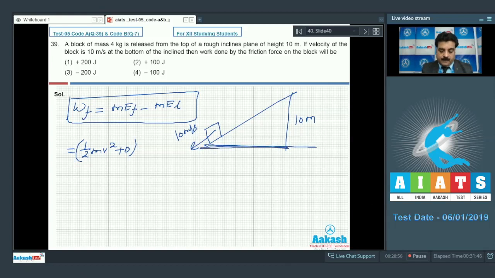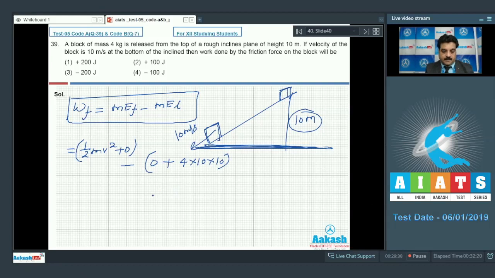Because if I take the reference point at the ground level, there is no height, so there is no potential energy. And minus, at the initial level there is no speed, so there is no kinetic energy, plus the block will have a height of 10 meter, so the potential energy will be mgh, where m is 4 kg, g is 10, height is 10.